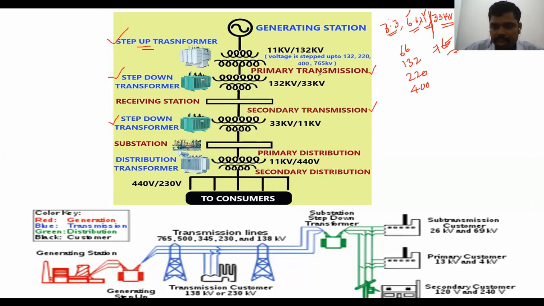In the primary transmission line, the operating voltage is 132 kV, 220, 400 and then 765 kV.